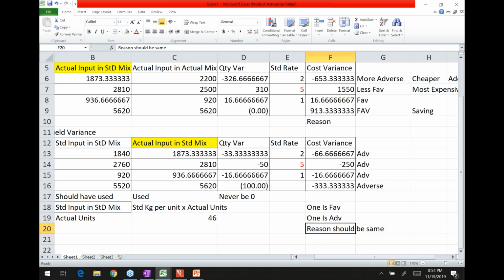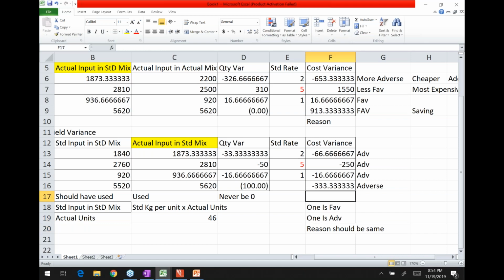So if one is favorable and the other is adverse, and the reason behind one being favorable and one being adverse is the same, or I should say, because of the same reason, one became favorable and one became adverse, so there is a high chance of interdependence.